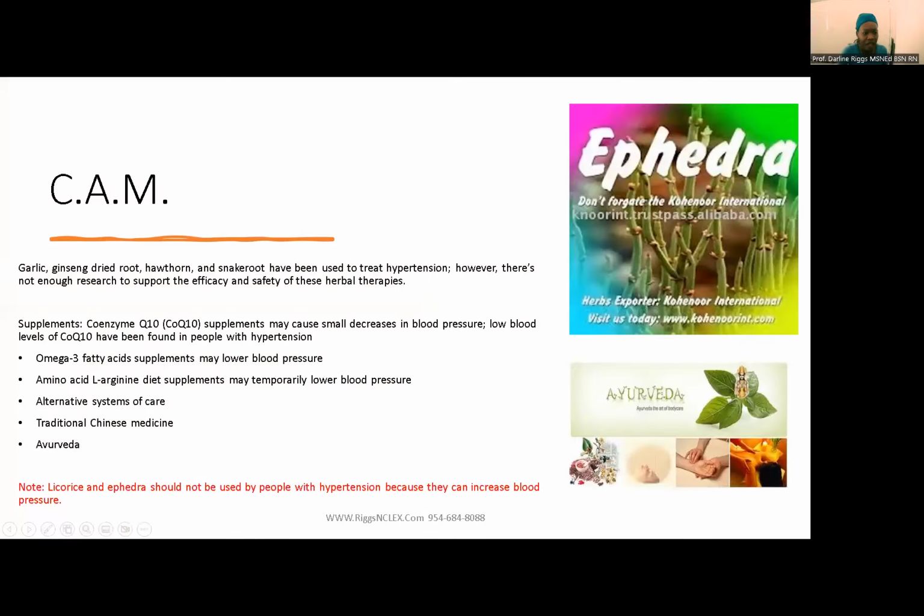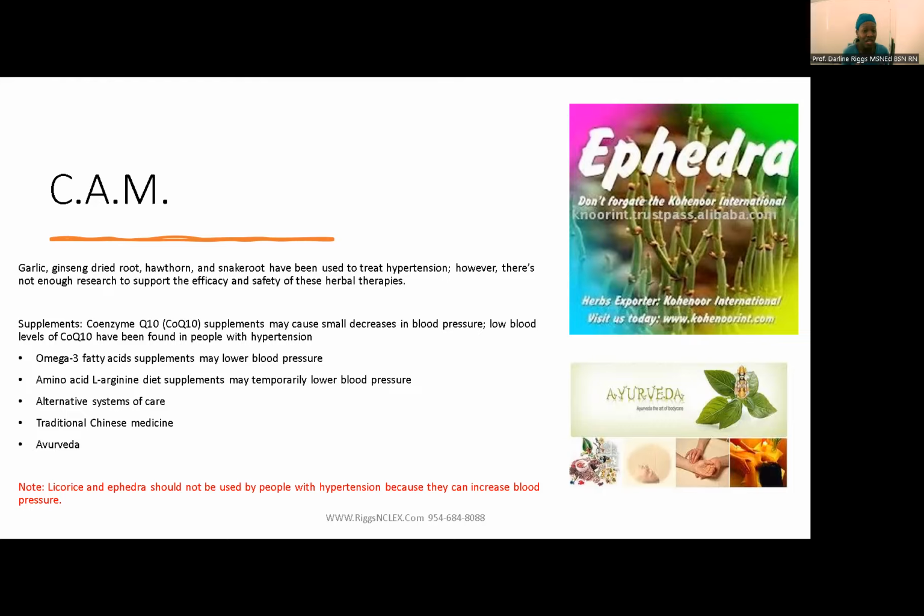Right. I have to mention the complementary alternative medicines, your herbs. So with the antihypertensives, a lot of these herbs don't mix with these drugs. Some of these herbs are going to enhance the effect of the drug and some are going to decrease it. So we need to know all of the herbs that the client may be on.